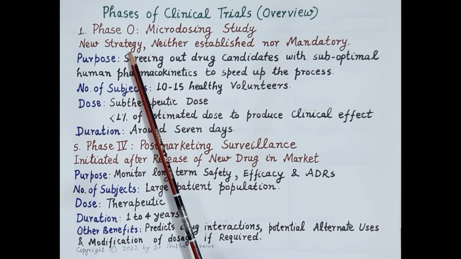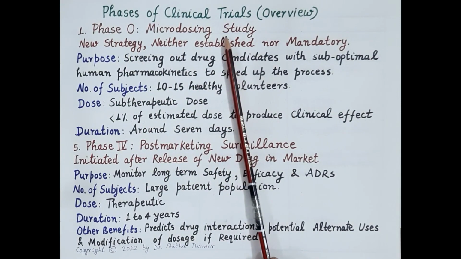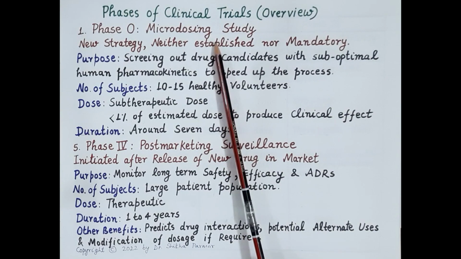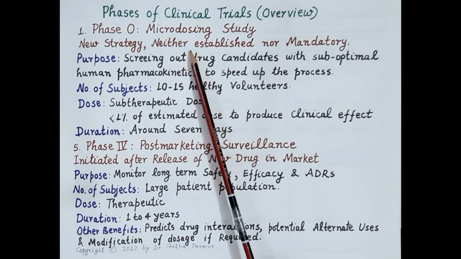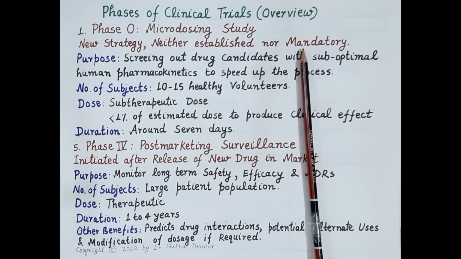It is a new strategy, and it is primarily designed to speed up the process of new drug discovery and development, thereby reducing both the cost and the time of drug discovery. However, phase 0 studies are not fully developed technically, and thus these studies are neither established nor mandatory to be conducted during the process of new drug discovery.